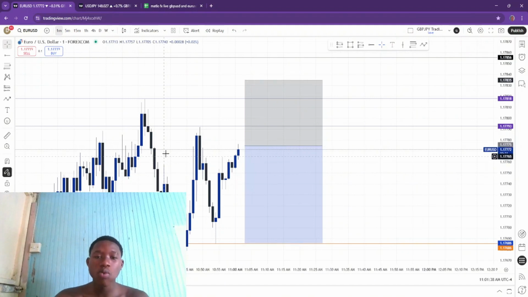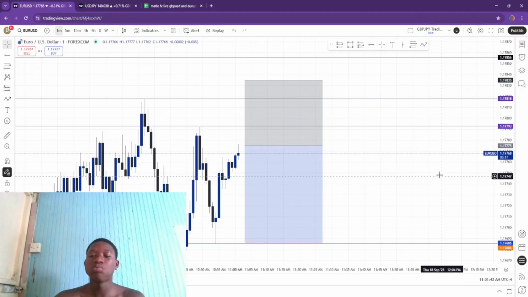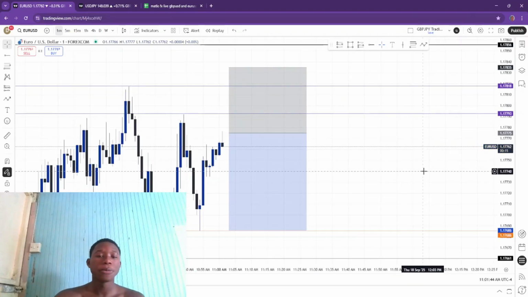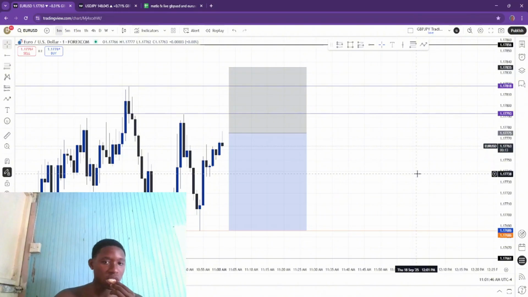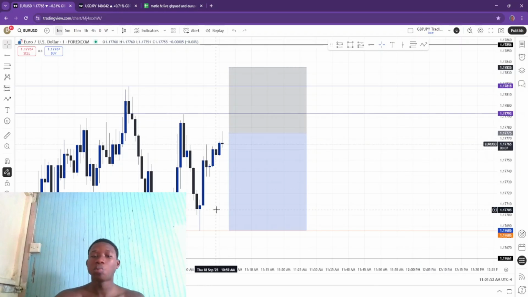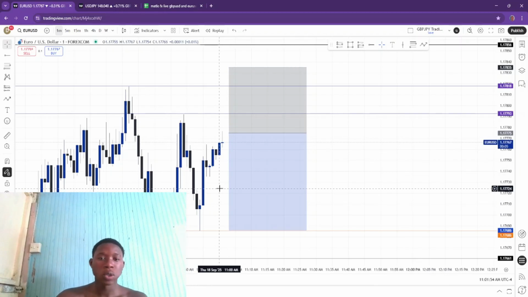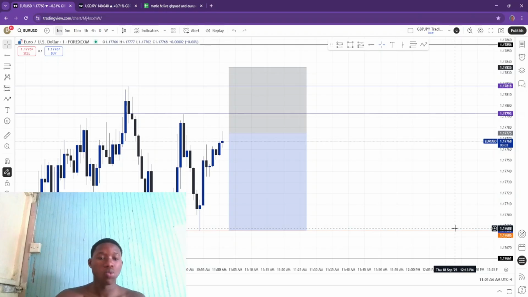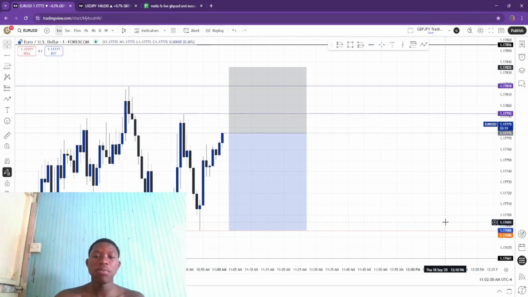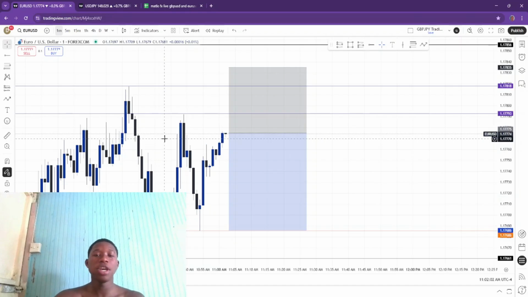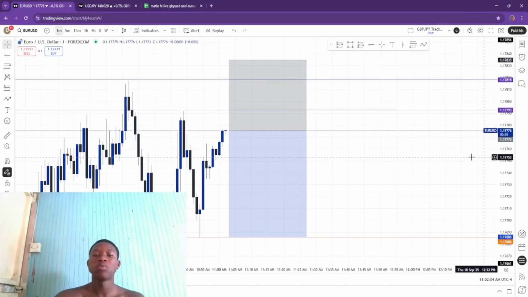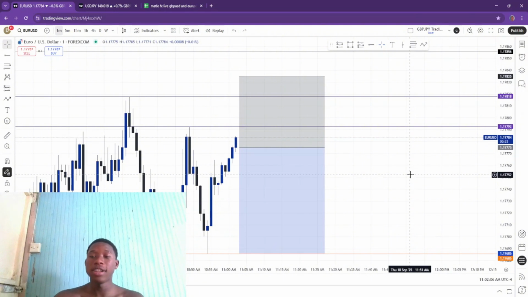You could probably sweep that 1 minute liquidity, go inside of that, and then reject. Okay, do your thing. Do your thing. All right, there we go.